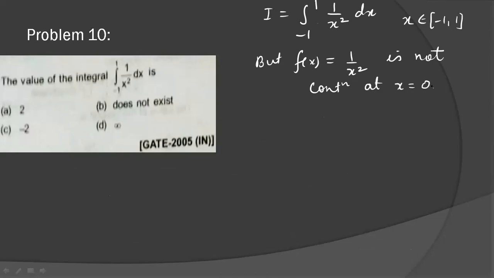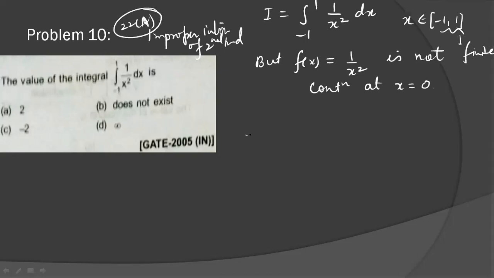Even though the upper and lower limits are finite, the function is not continuous on the interval. It means this is also an improper integral of the second kind. You can see my lecture 22b, I have already discussed this type of problems.